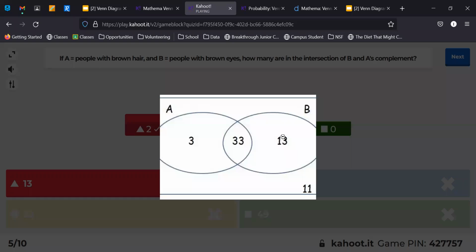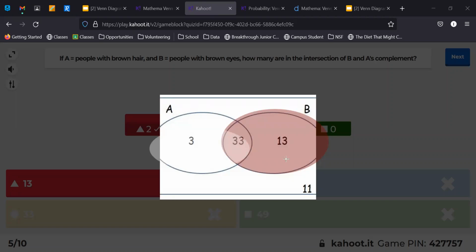Okay, so it is 13. So the intersection of B and A's complement. So B, right, is this thing. And then A's complement is everything that is outside of this thing, right?